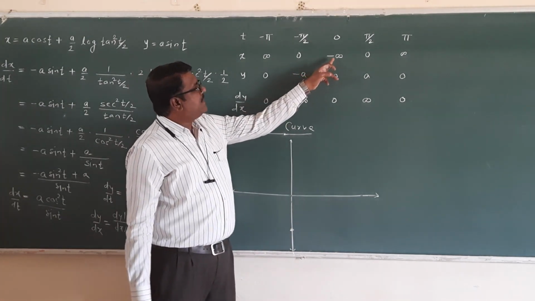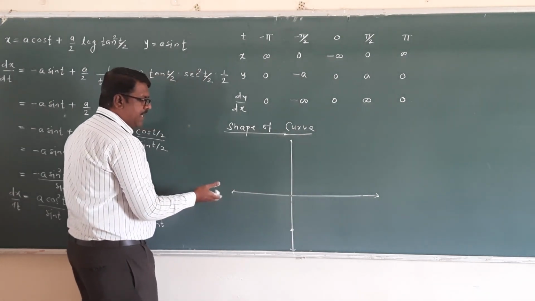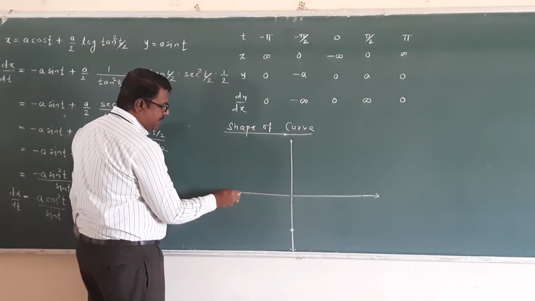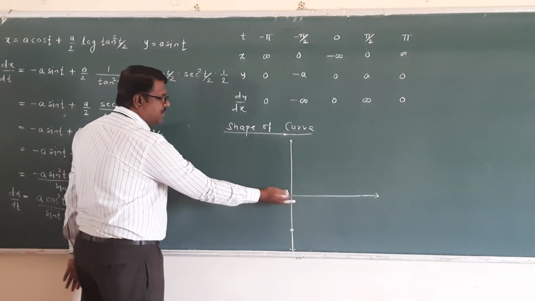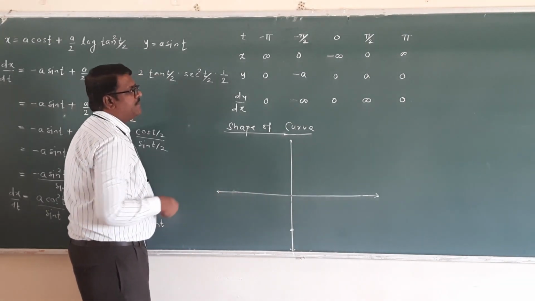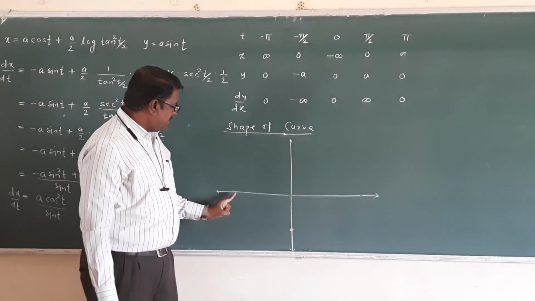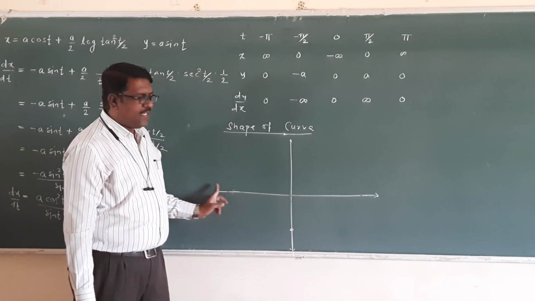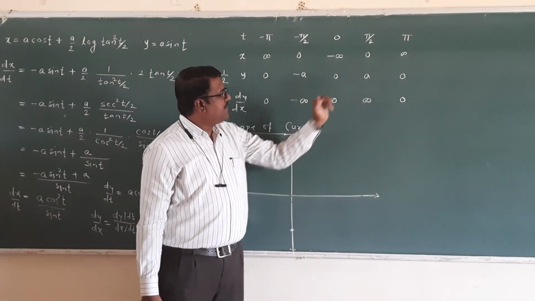Next, x is minus infinity, y is 0. It means again we have to consider the point at infinite distance from the origin towards the negative side. So on this side one point at infinite distance, on this side one more point at infinite distance. Next, x is 0, y is a.